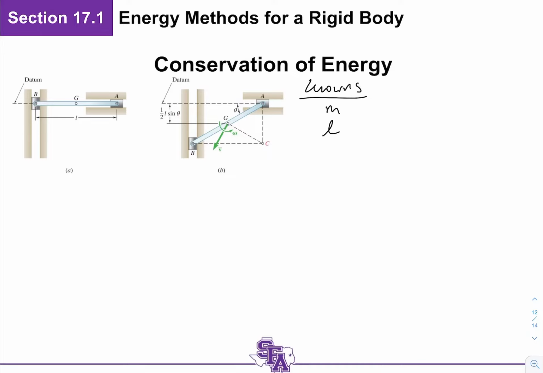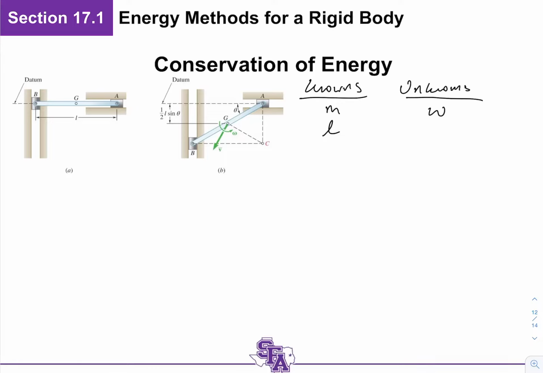Okay, so let's take a look at an example. Here we have a slender rod. We know the mass of the rod, we know the length of the rod itself, and we know that the center of gravity is acting at point G, which is half the distance along the rod.